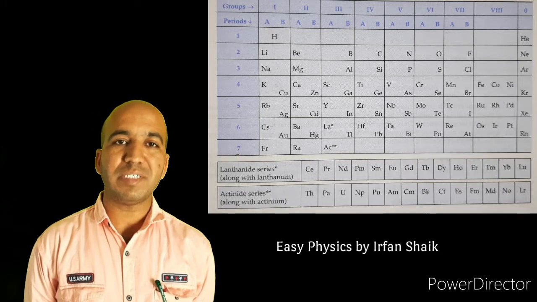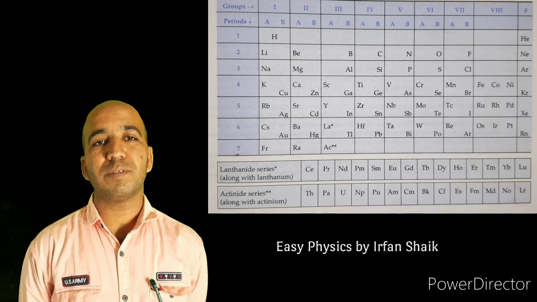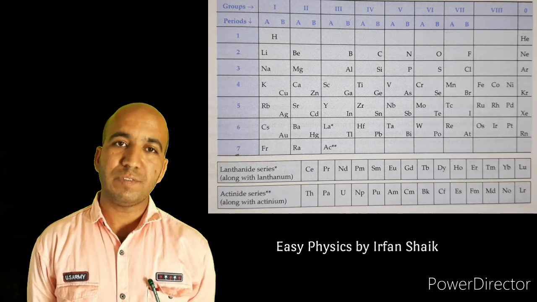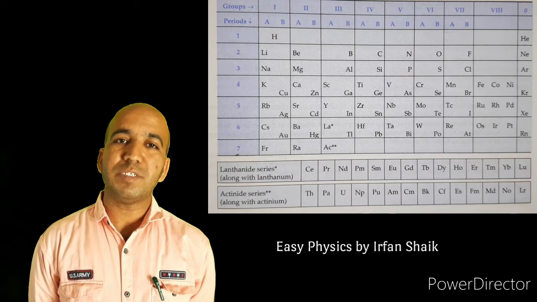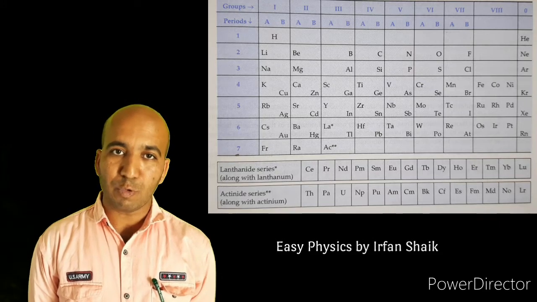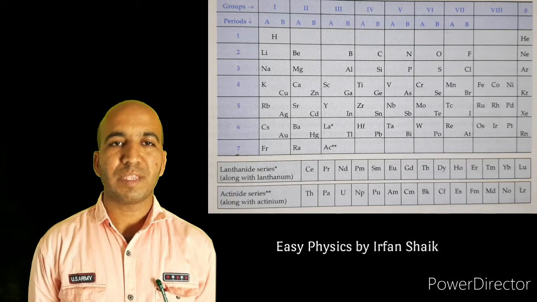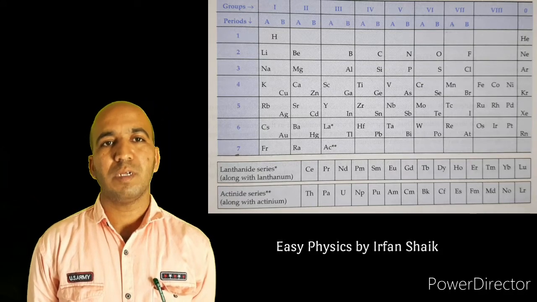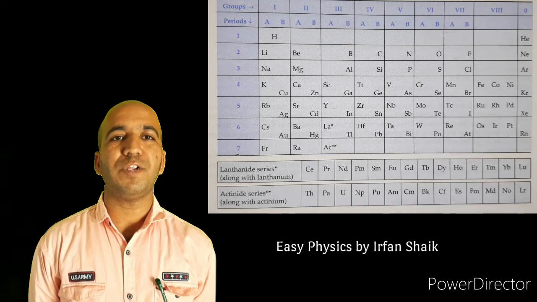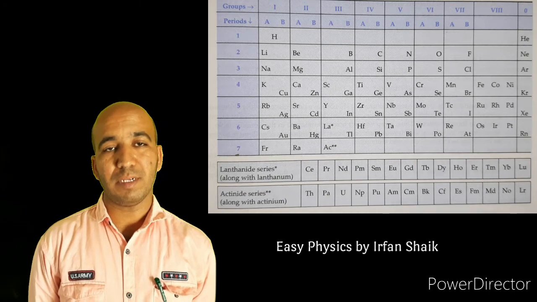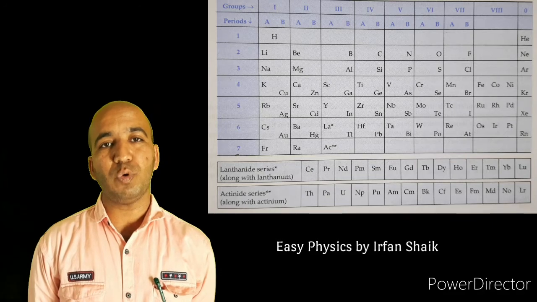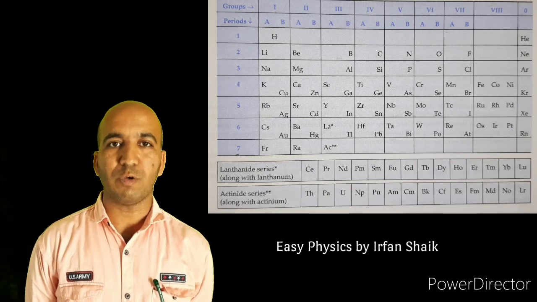So on what basis did he classify these subgroups? According to Mendeleev, the elements present in each subgroup have similar chemical properties. That means if we take the first group, it is again classified into 1A and 1B. So 1A and 1B are the two subgroups in the first group.